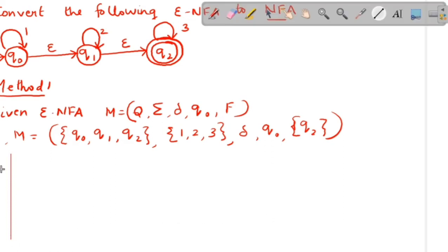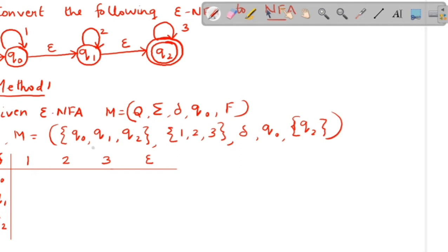Next we can draw the transition table for delta. Here we have the input alphabets 1, 2, 3 and epsilon. The states are Q0, the initial state, then Q1, then Q2, the final state.